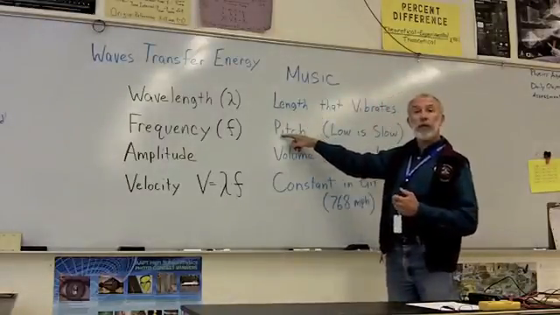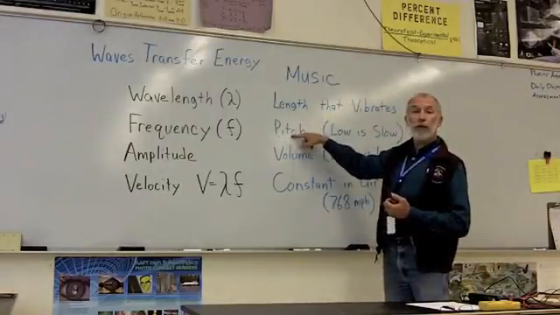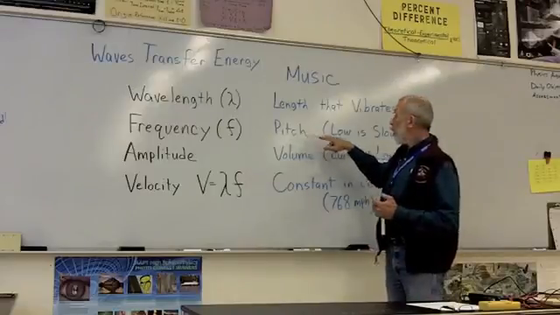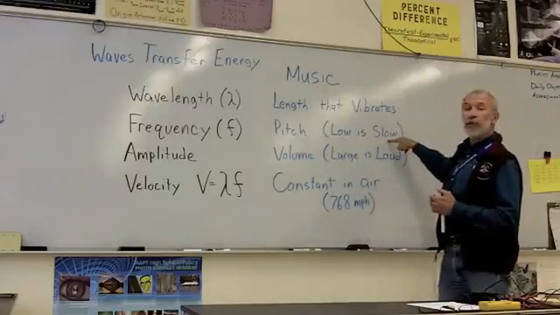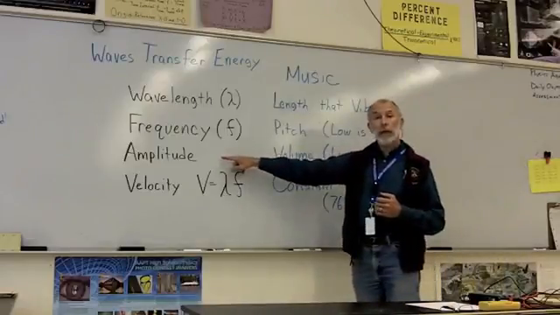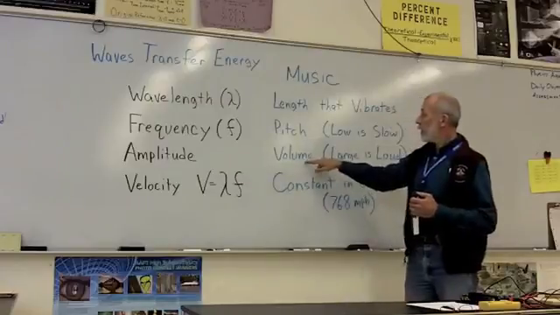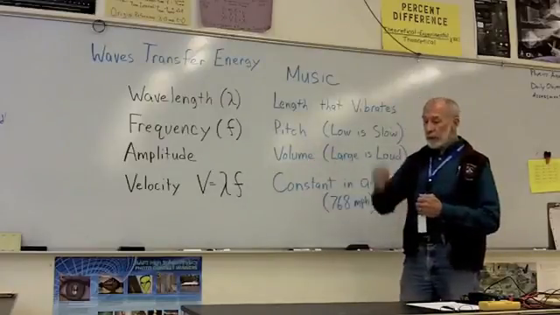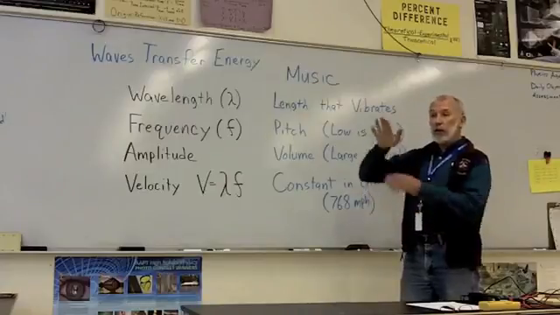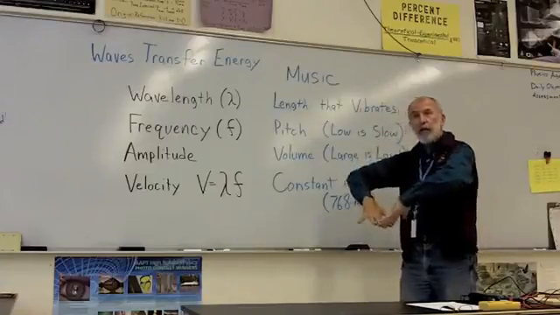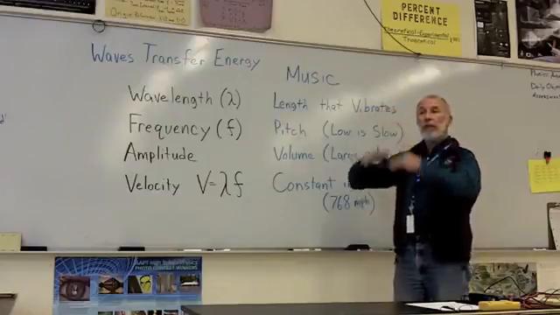The frequency in music is referred to as the pitch. A low pitch or a high pitch. A low pitch is a slow frequency. Amplitude, in terms of sound or music, is what we call volume. When you take a drum and you hit it hard, you're making the drum cover stretch down a long ways and bounce up a long ways.